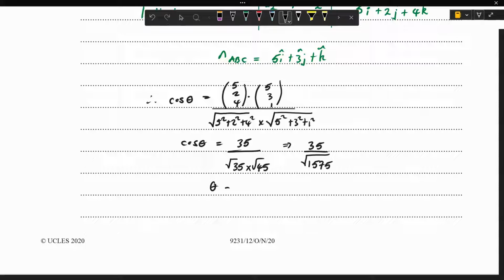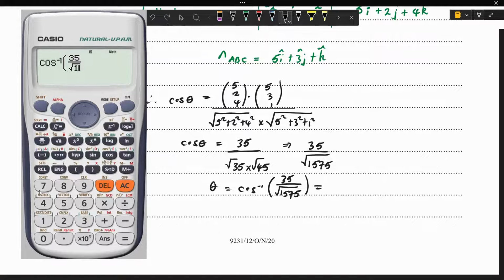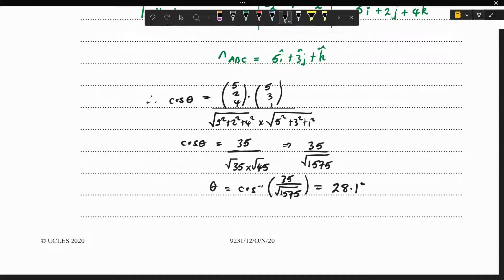So to get theta, we'll say it's a cos of 35 over the square root of 1575, which will give us, to one decimal place, 28.1 degrees. So 28.1 degrees is the answer right here. So that's how we do it right here.